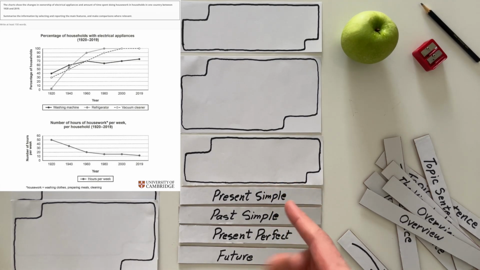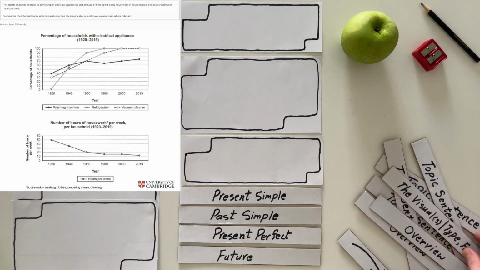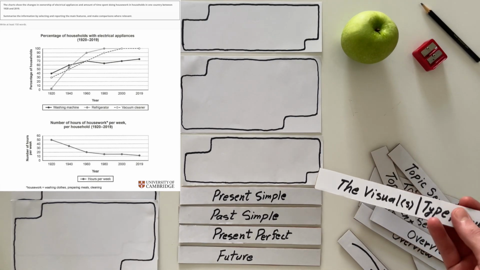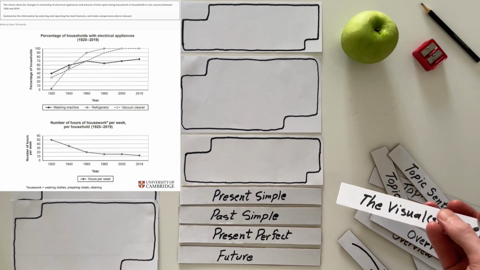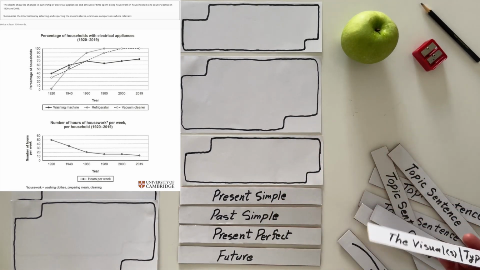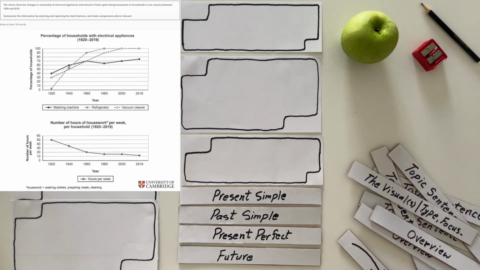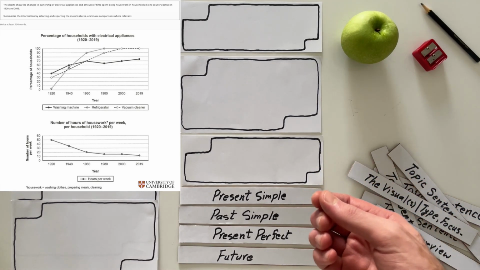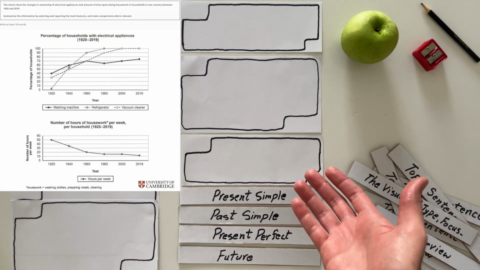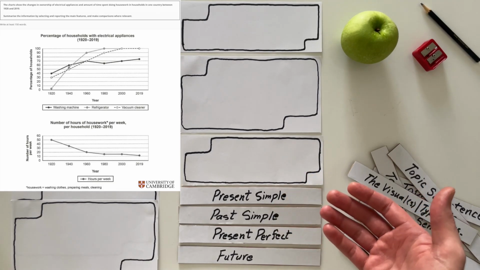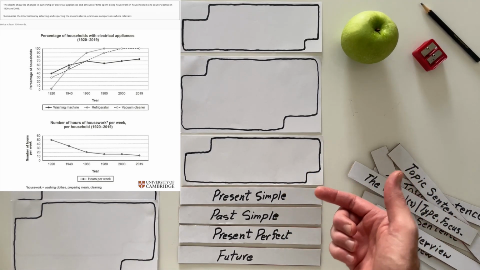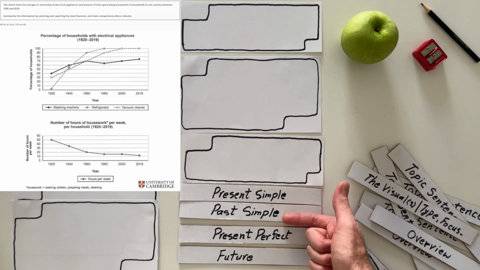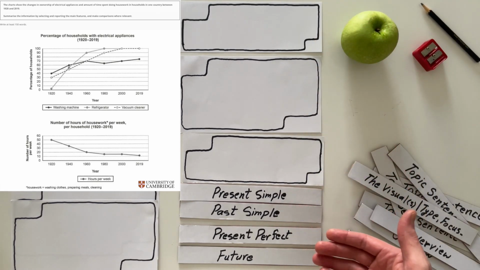So the type of visual, as I always say, we need to find out the type of the visual we're dealing with. They are line graphs, and the years are from 1920 to 2019, which means basically I'll be using past simple for the majority of my sentences.